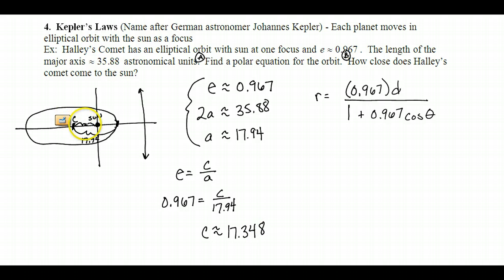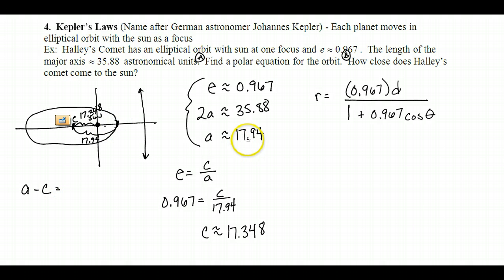Well, if this is 17.348, I know that's very small, and then A is equal to 17.94, I can find this distance. So if I take A and subtract C from it, I'll have that distance, which will tell me the coordinates there.